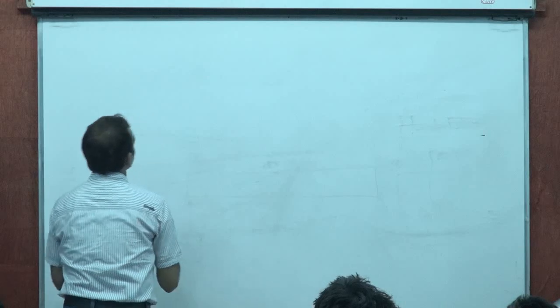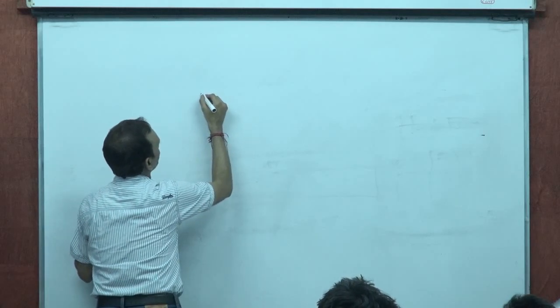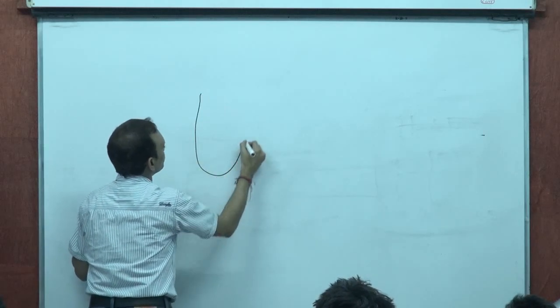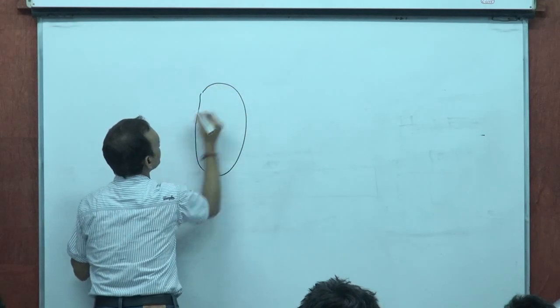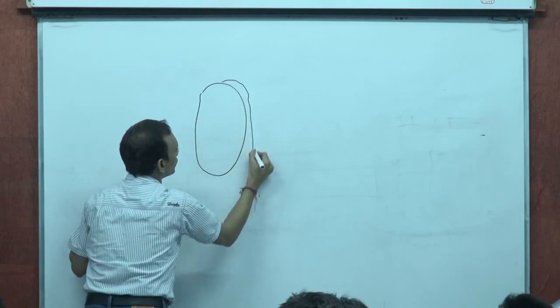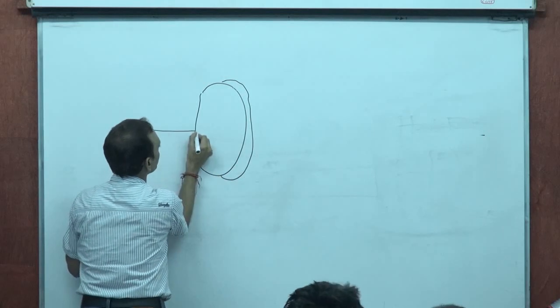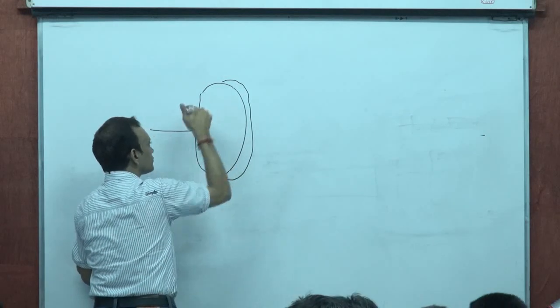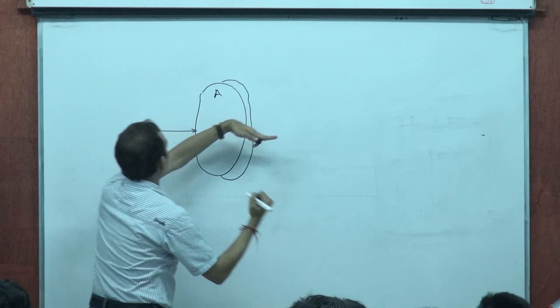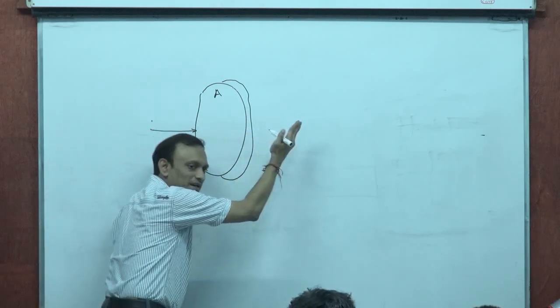Now, let's say heat is flowing in a material medium in the positive x direction. This is a cross section of area A, and there is heat flowing perpendicular to this area.